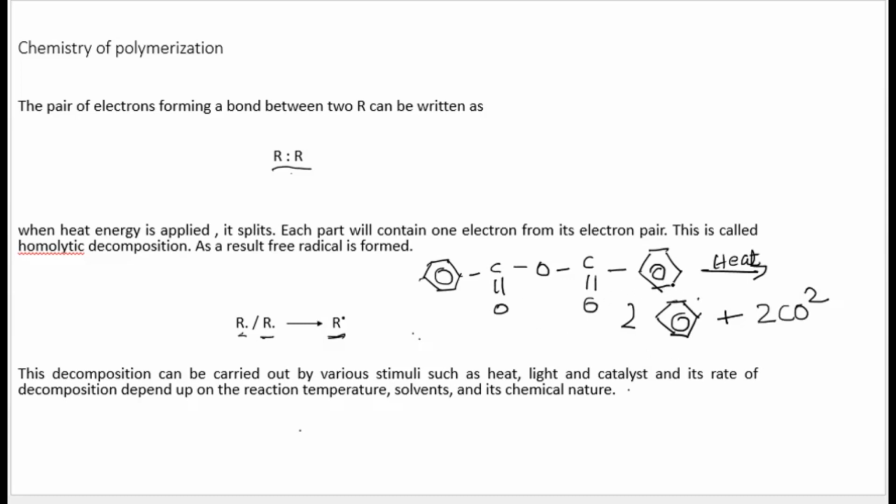So whenever we apply heat on an initiator, it splits into two identical fragments with free radicals. It contains a lone electron which is eagerly waiting to couple with another lone electron and thereby get stabilized. So this free radical is very reactive. Whenever we add this initiator into the polymerization reaction, it enables the chain growth of the polymer. The rate of decomposition depends upon the temperature, solvent and its chemical nature.